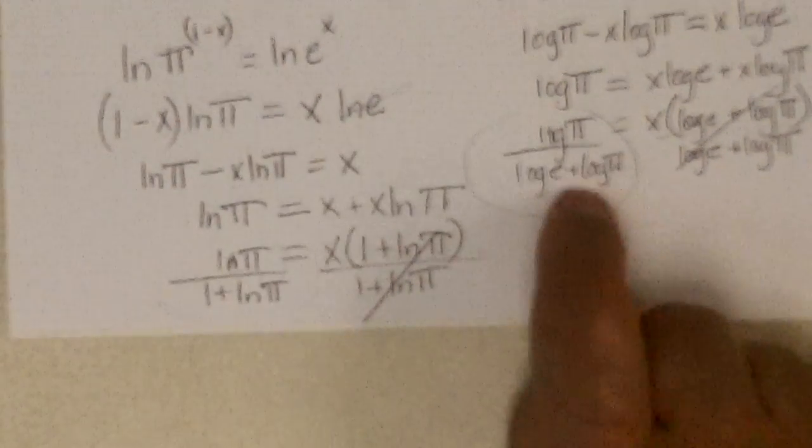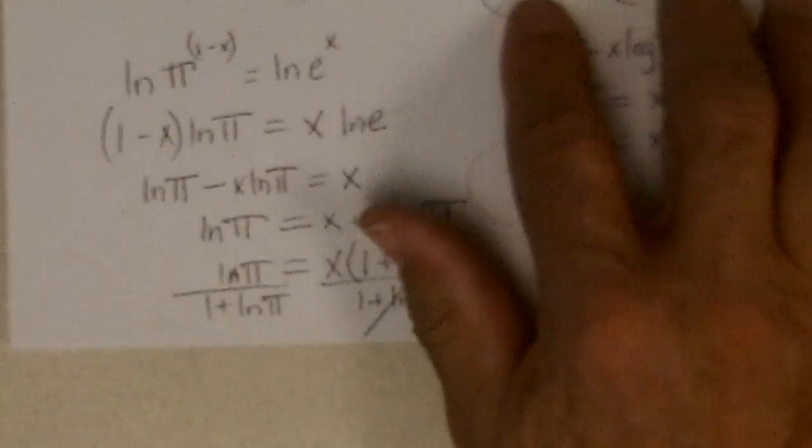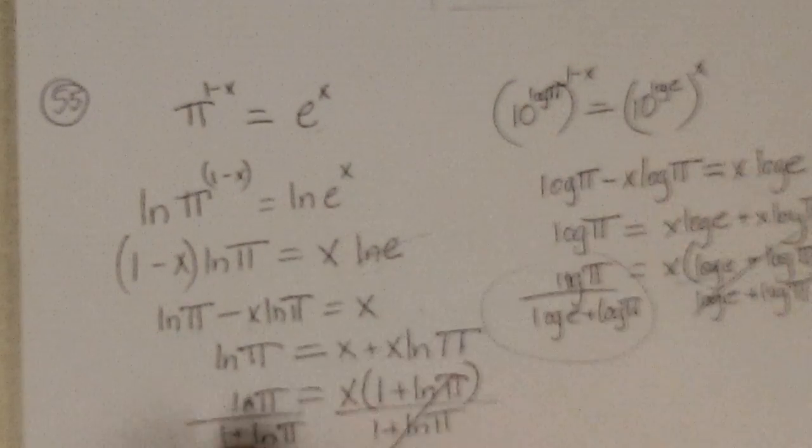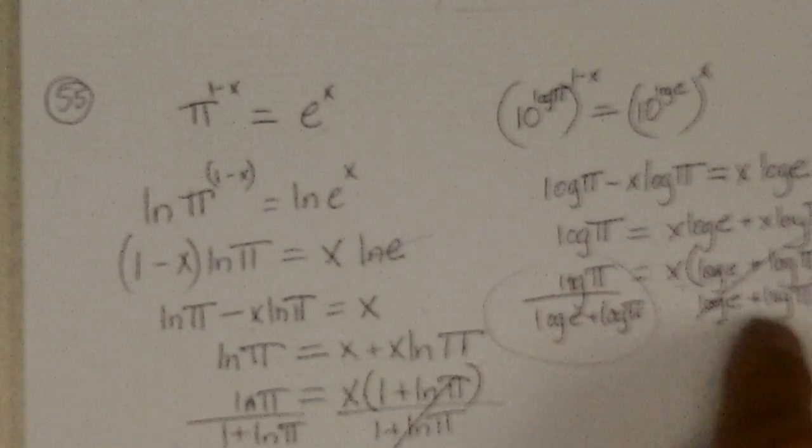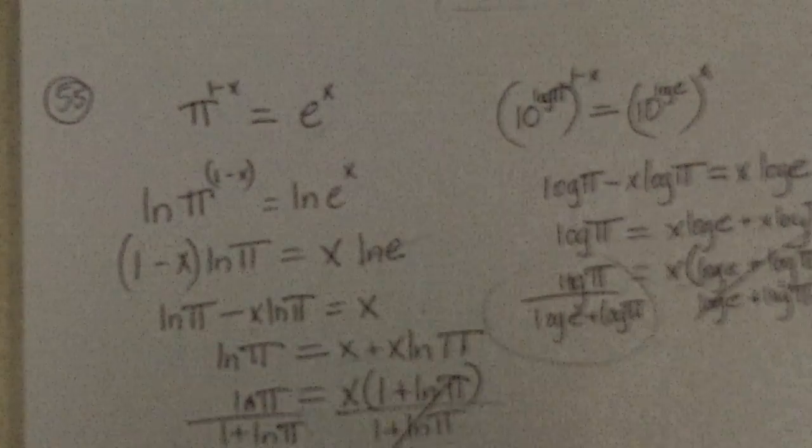So either one of these is a correct answer, and if I'd gone to base e on this, I would have gotten exactly that same answer, but I used base 10, and so I got something that looked a little different, but it is the same number.